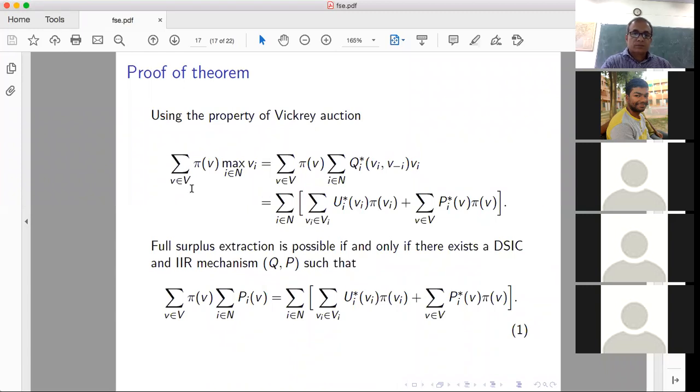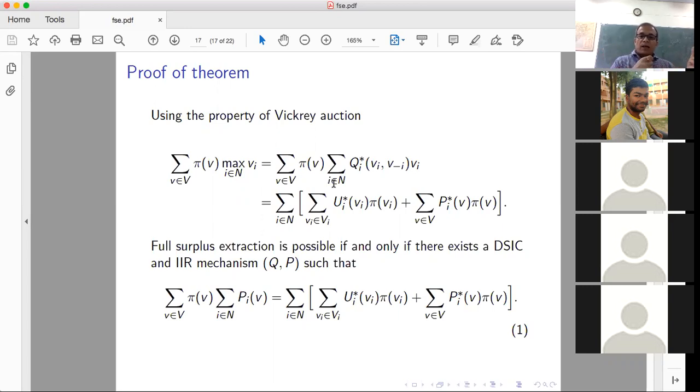Can you please explain it again? So algebraically, you can just verify it, but all I'm saying is that in the Vickrey auction, the expected payment of the bidders is basically the expected second highest value, and the ex ante utility of the bidders is basically expected highest value minus expected second highest value.